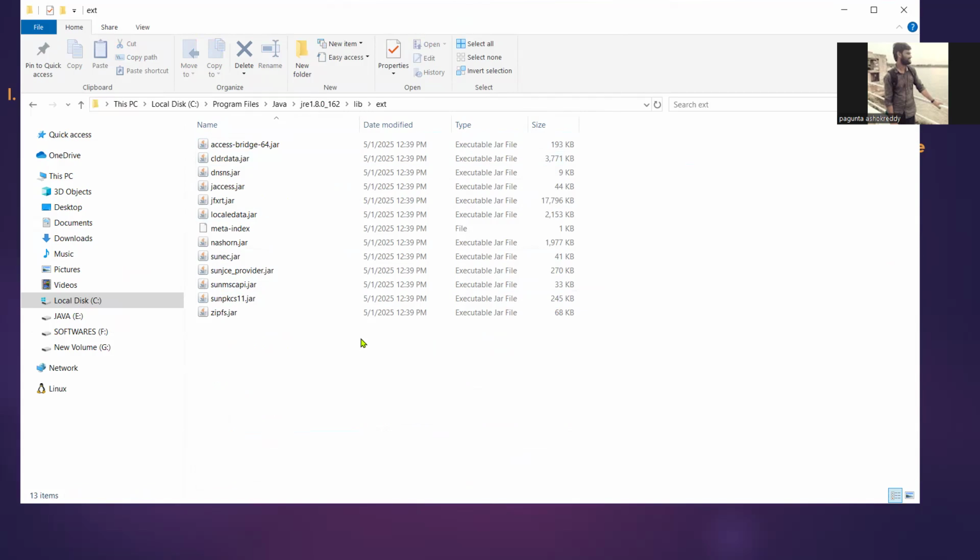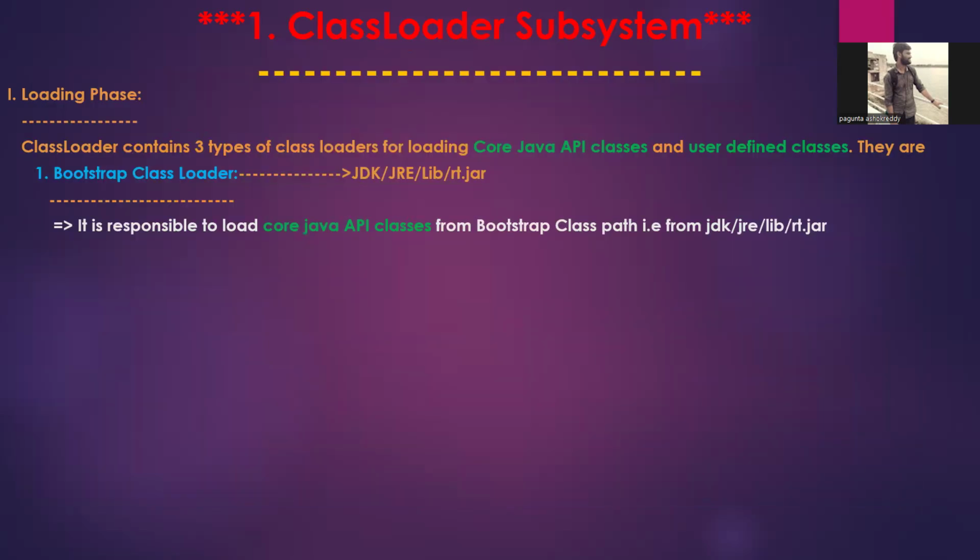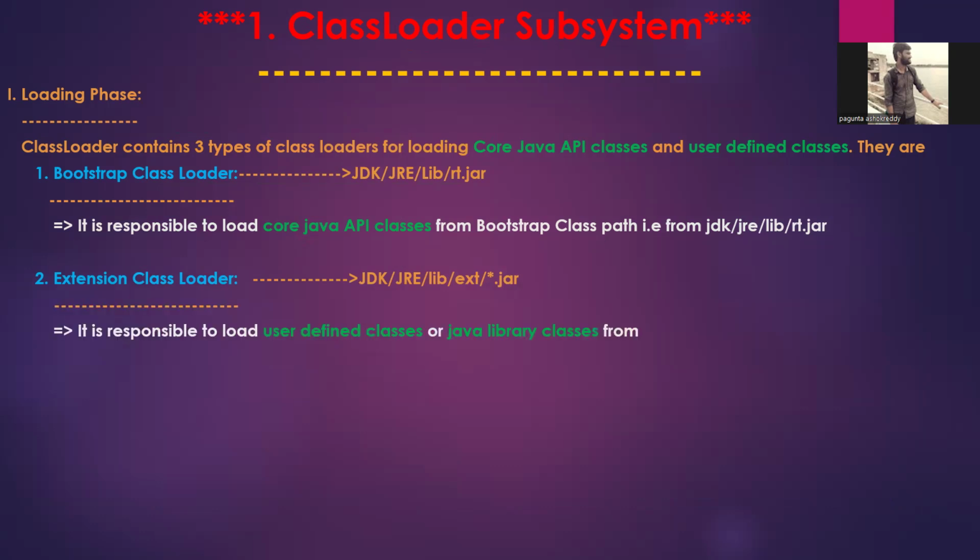The Bootstrap class loader is responsible to load core Java API classes from the Bootstrap class path, that is from JDK, JRE under lib. Then the extension class loader. Extension class loader is responsible to load user-defined classes or Java library classes from the extension class path.